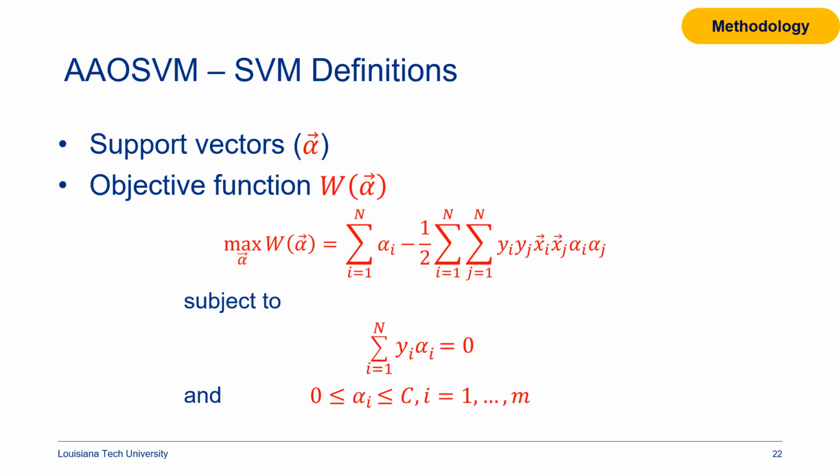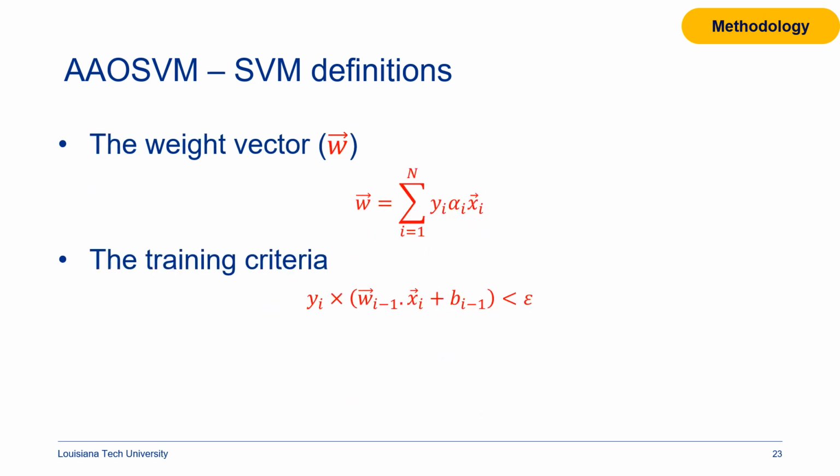Now I'm going to present a few definitions of SVM, in case anyone wants to replicate this work or expand on it. Support vectors are going to be represented as alpha, the objective function as a big W of alpha, y is the label, and x is an instance.